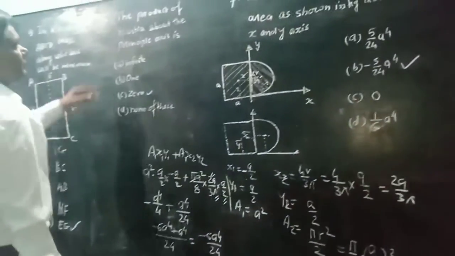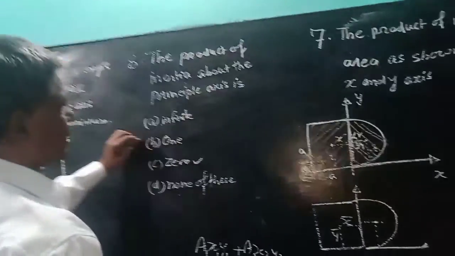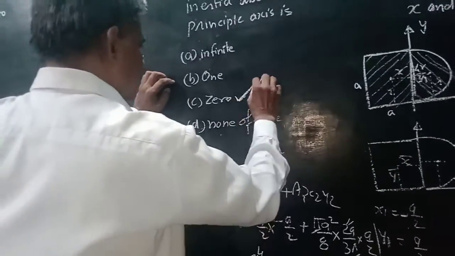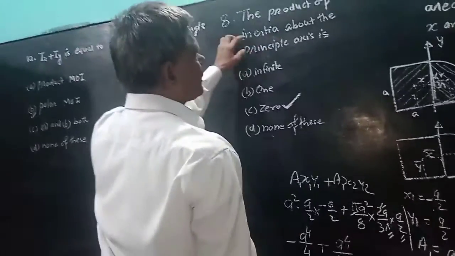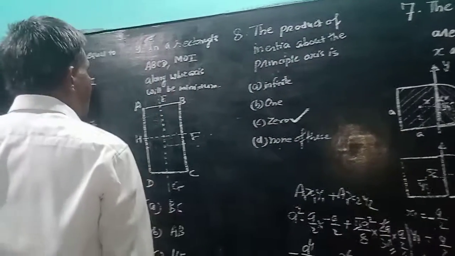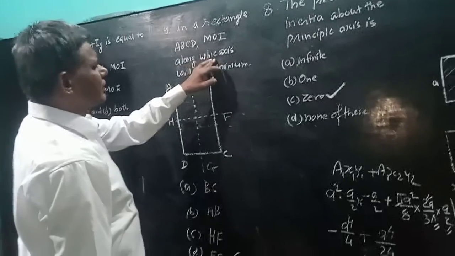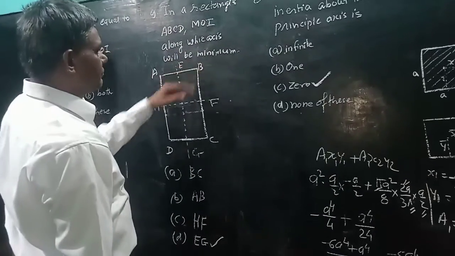Another question: the product of inertia about the principal axis is equal to 0. The moment of inertia about the principal axis is equal to 0. In a rectangle ABCD, the moment of inertia along which axis will be minimum.